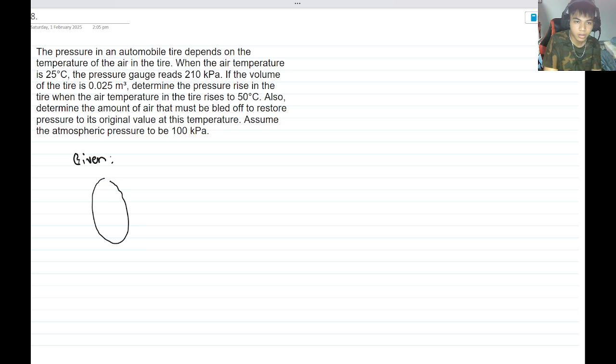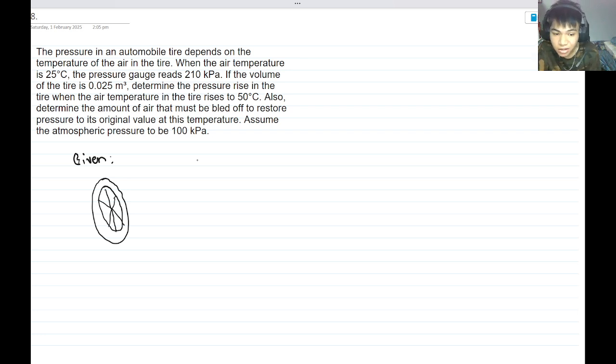So for this problem naman, we have a tire. Not the best looking tire, but still. So, pagpalagay na ito yung tire. We may have to assume na even though yung tire is nilalagyan ng air, ang ating assumption is yung air, katulad ng sa balloon, is nafo-form niya yung shape of the container.